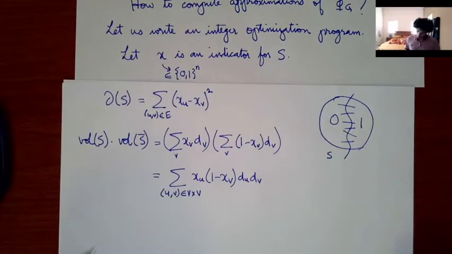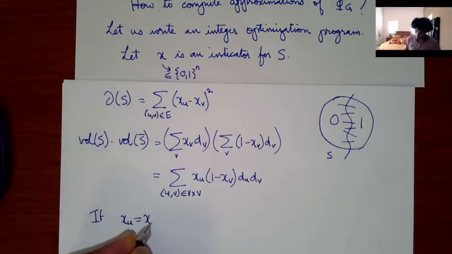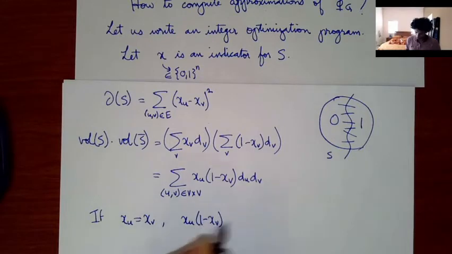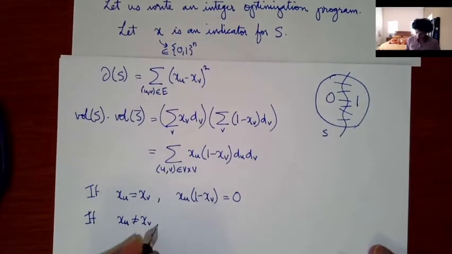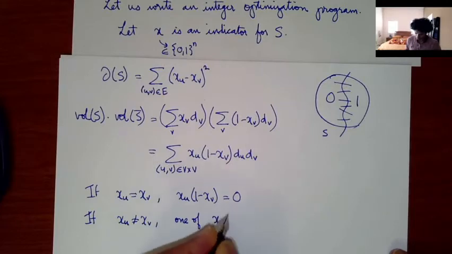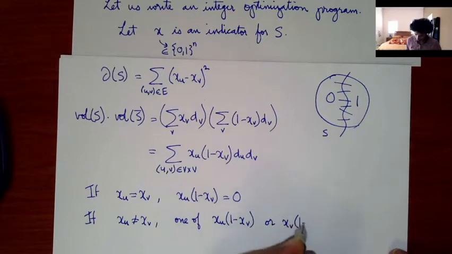Let's observe something here. If xu is equal to xv, then xu times (1 minus xv) is equal to 0. If xu is not equal to xv, then exactly one of xu(1 minus xv) or xv(1 minus xu) is non-zero.